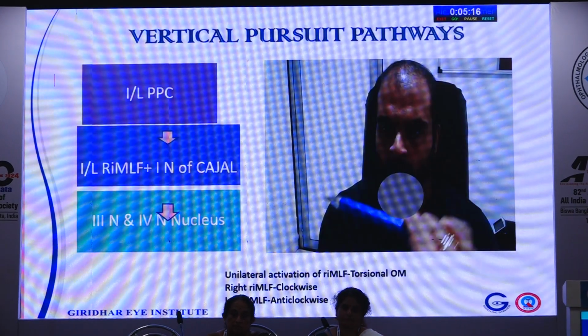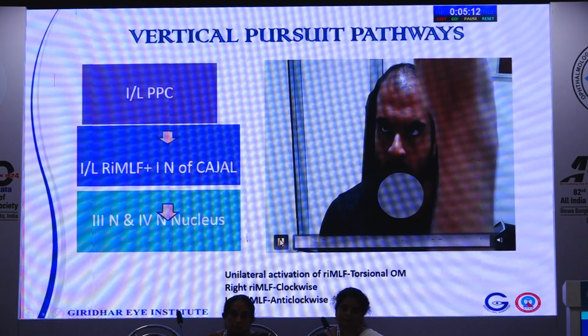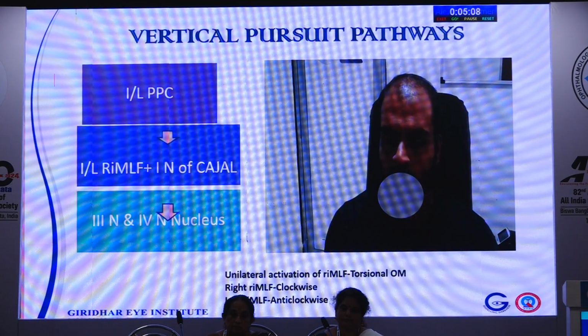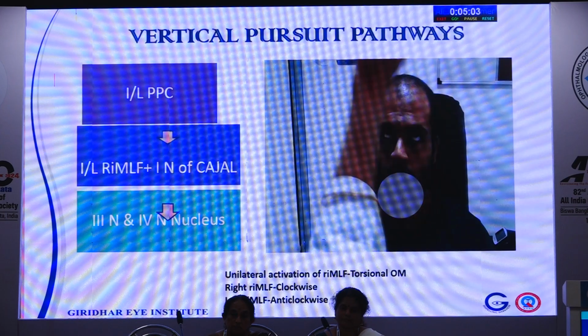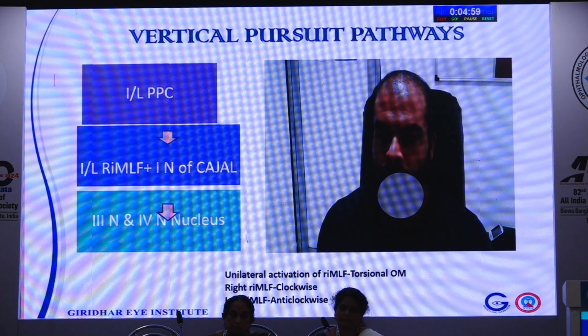Now coming to pursuits, it is similar: slow tracking movements of an object held across the vertical eye field. But remember P for pursuit, it comes from the ipsilateral posterior parietal cortex, but the center, because it's a vertical gaze, is in the midbrain, the rostral interstitial nucleus of the MLF and the interstitial nucleus of Cajal, again through the 3rd and 4th nerves.